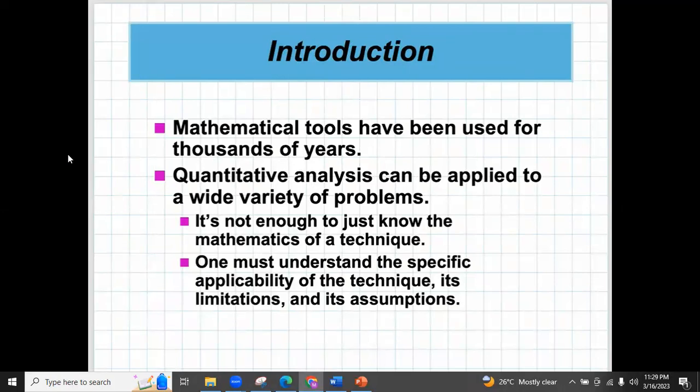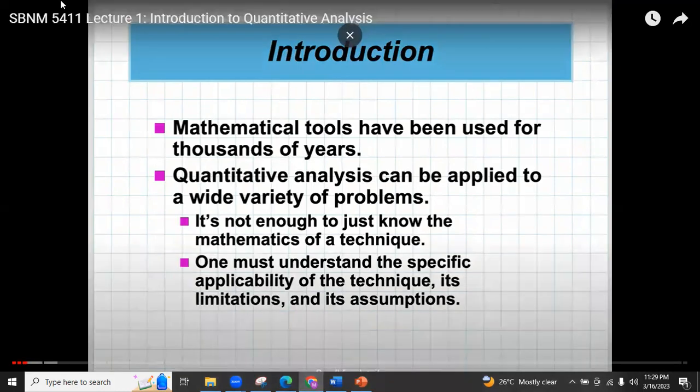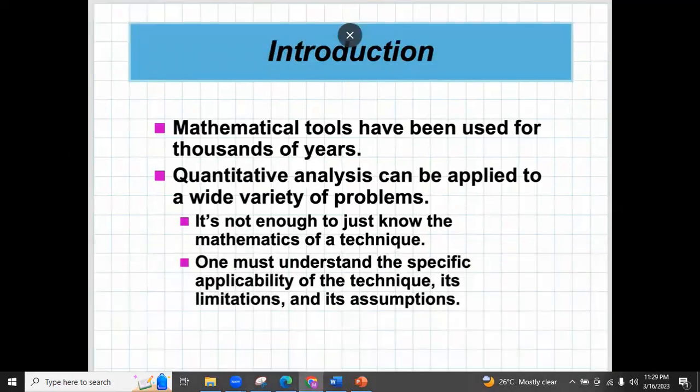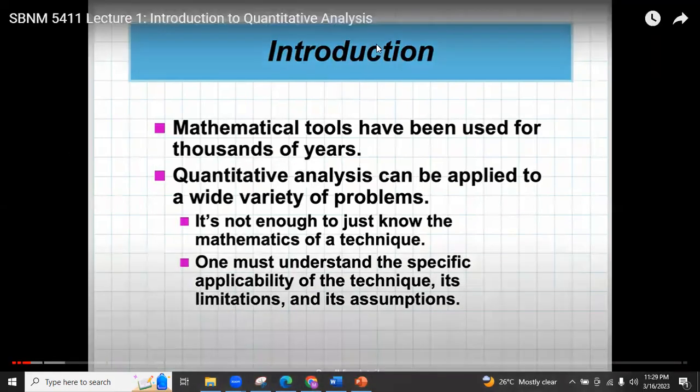So, mathematical tools have been used for centuries, thousands of years, as they say here, from Pythagoras and the ancient Egyptians using the Pythagorean theorem before Pythagoras actually codified it, to find the area of lands and survey out land.